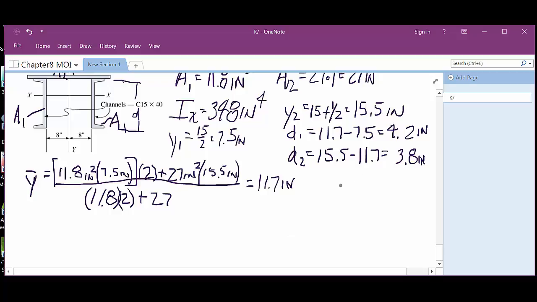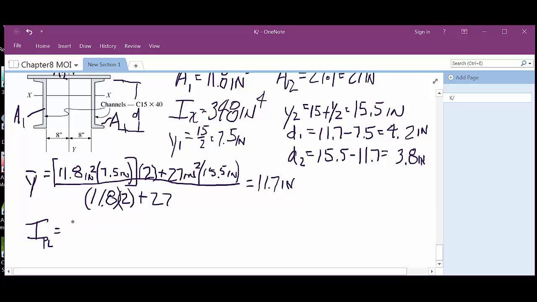Okay, so we know that. Now what else do we need? Do we still need the moment of inertia for the plate? The moment of inertia for a square piece is base times the height cubed divided by 12, all right?